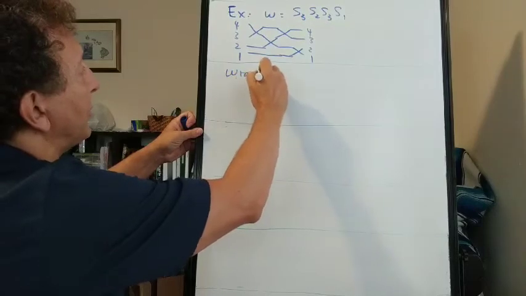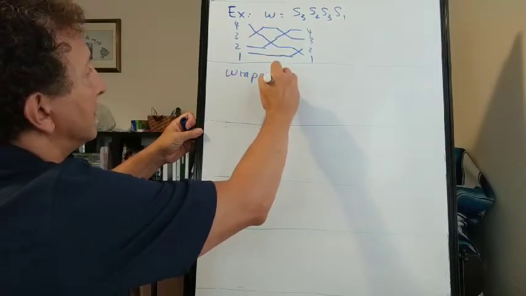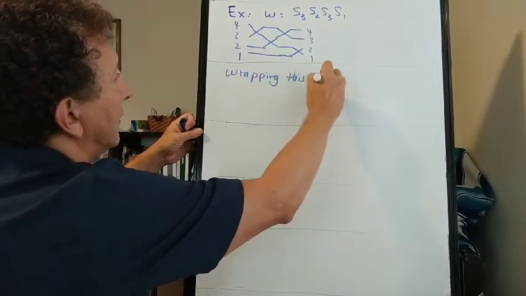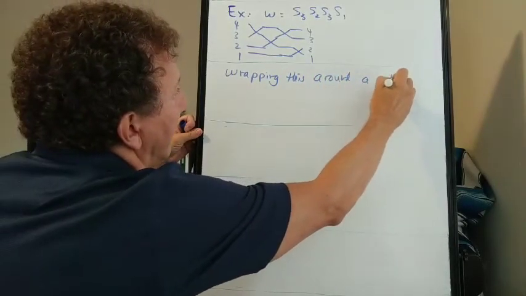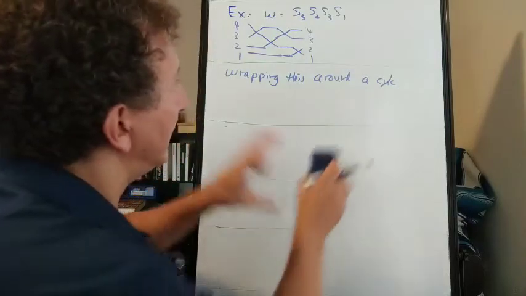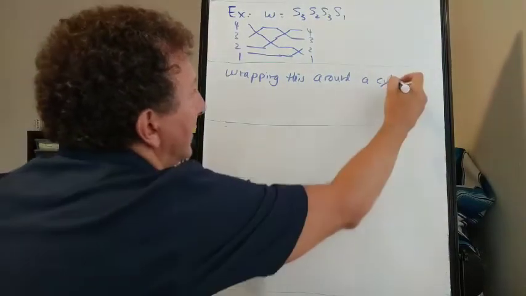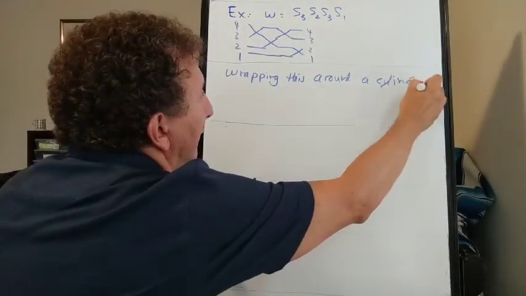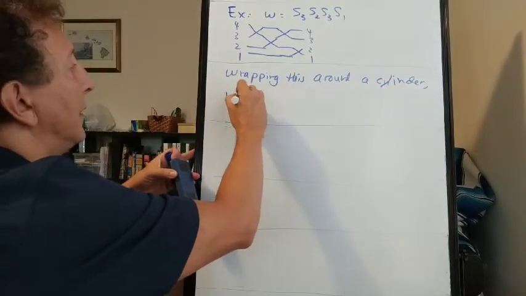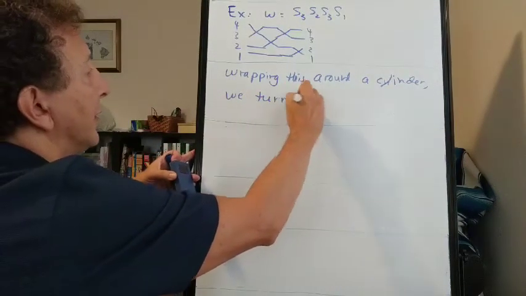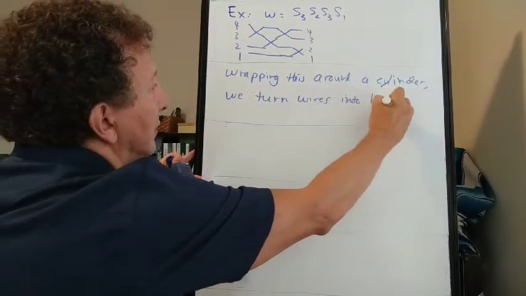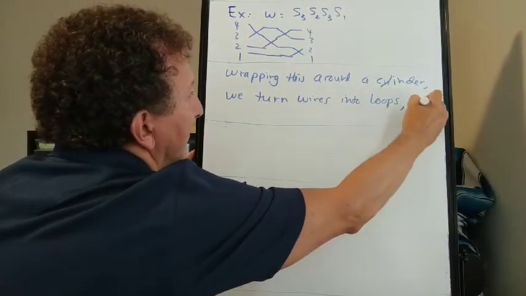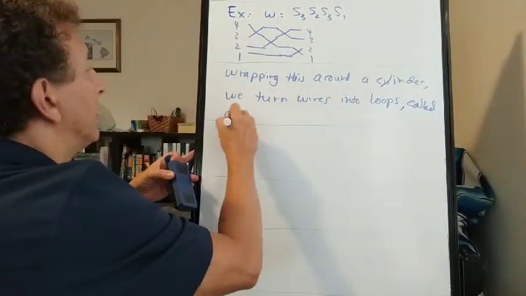Now if we were to wrap this around a cylinder, we would turn the wires into loops, which are called cycles.